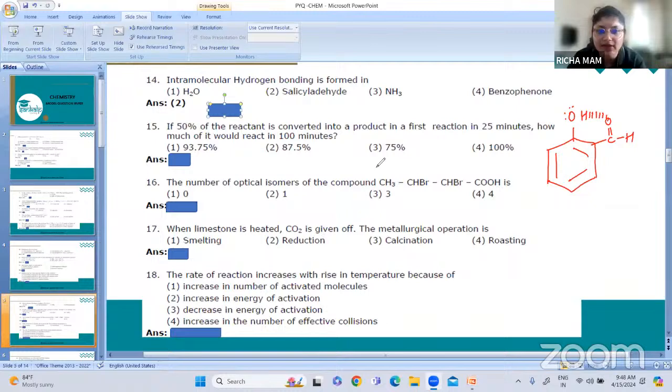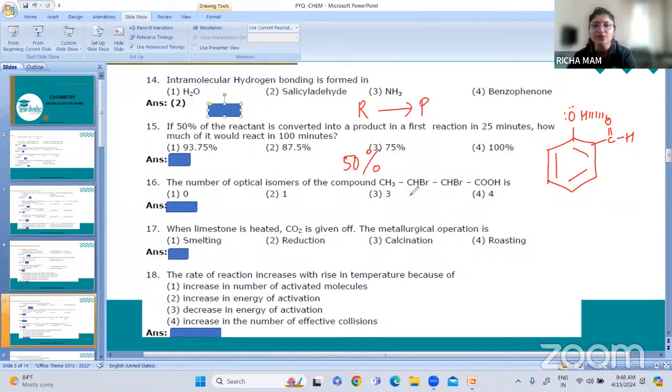Madan has answered it as the third one. So given the percent, if 50% of the reactant is converted into product in 25 minutes, how much would it take for 100 minutes?